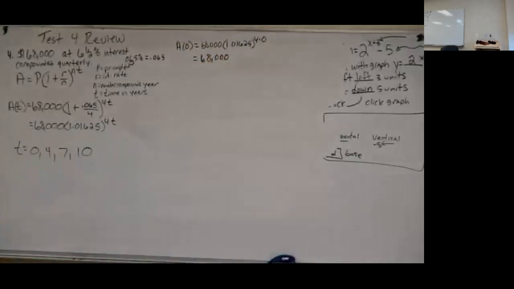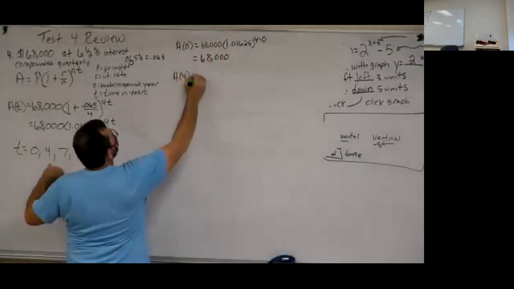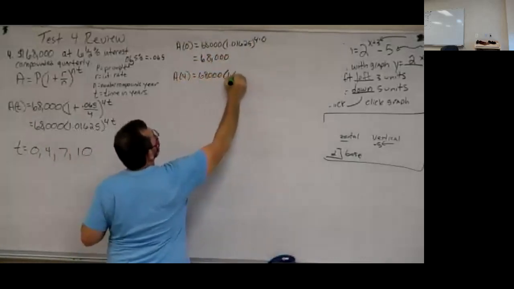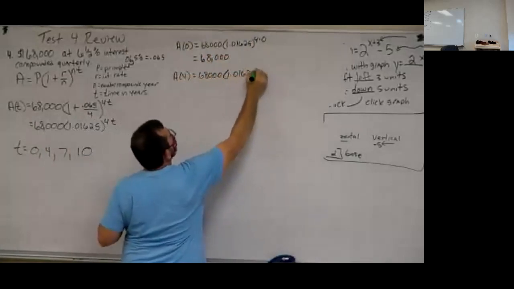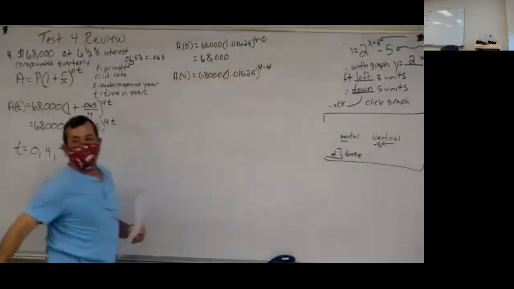Now, realize that each one of these years as they go up, that 68,000 better go up, okay? So what was next? A of 4. I'll do my 68,000 times 1.01625, and then my exponent will be 4 times t, which is 4.